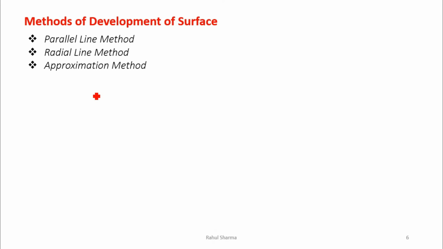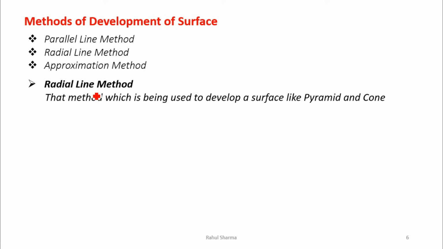Now the next one is the radial line method. The radial line method is that method with which we can develop a pyramid and cone. This pyramid or cone may have the truncated shape or the frustum shape, but still whenever the category of solid is a pyramid or a cone, we apply the radial line method.